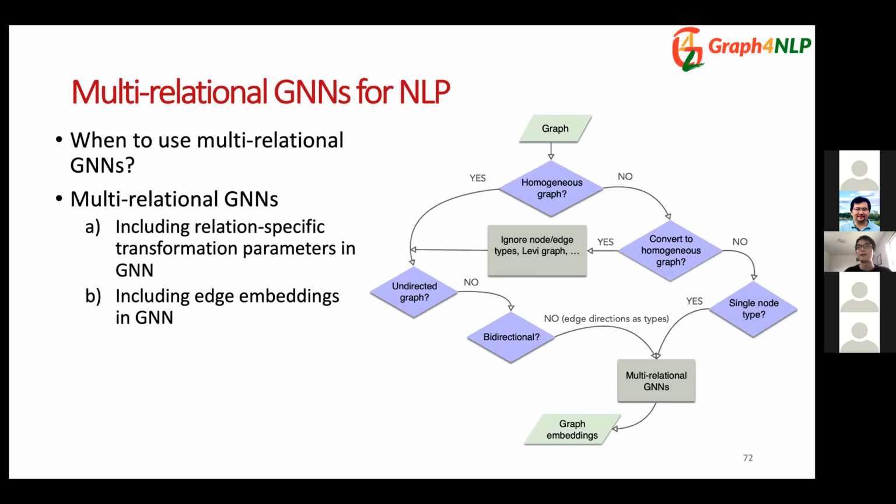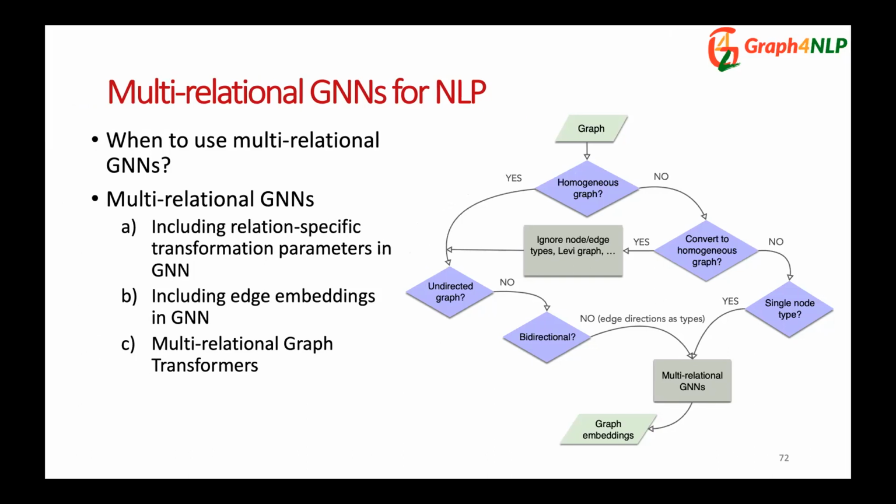Remember that in many GNN variants, the edge embeddings are not explicitly introduced in the message passing process. Here we can explicitly introduce the edge embeddings in order to better handle the edge type information. The third strategy is what we call multi-relational graph transformers, which combines the benefits of both the vanilla transformer models and the conventional GNN models. We will talk about each of them in the next few slides.